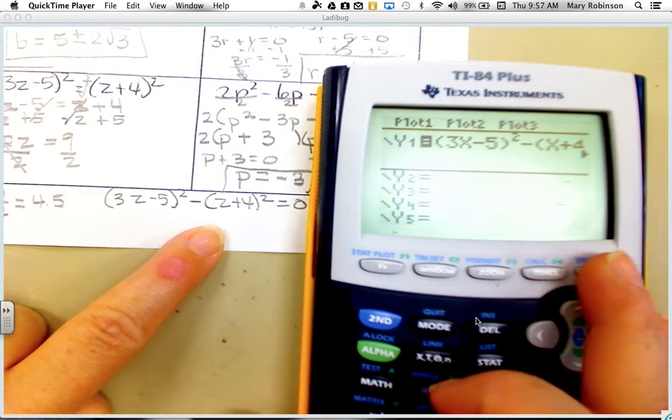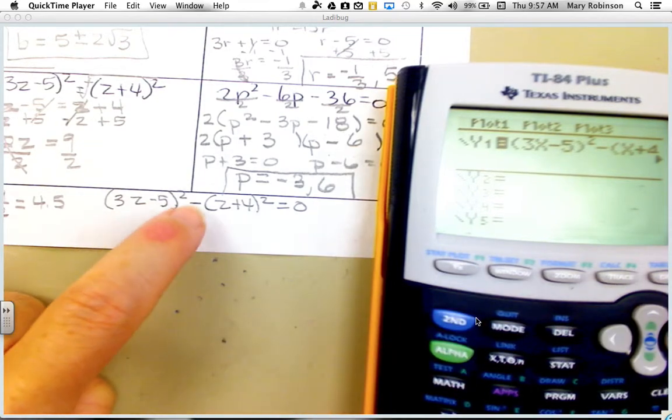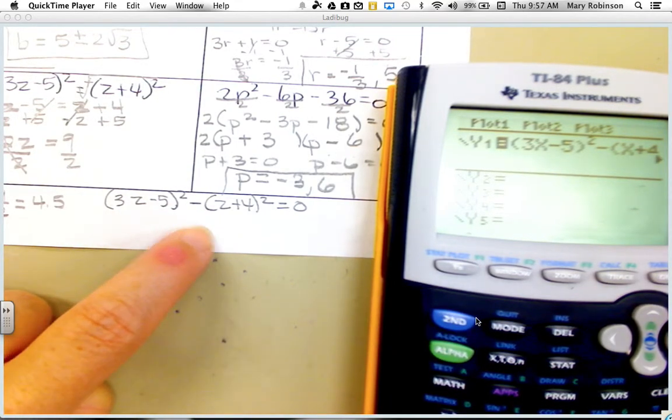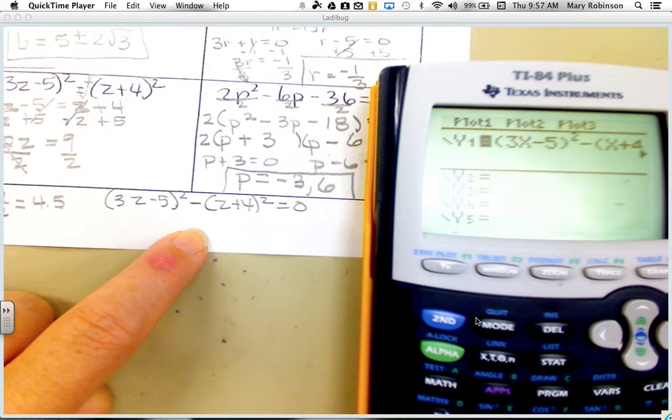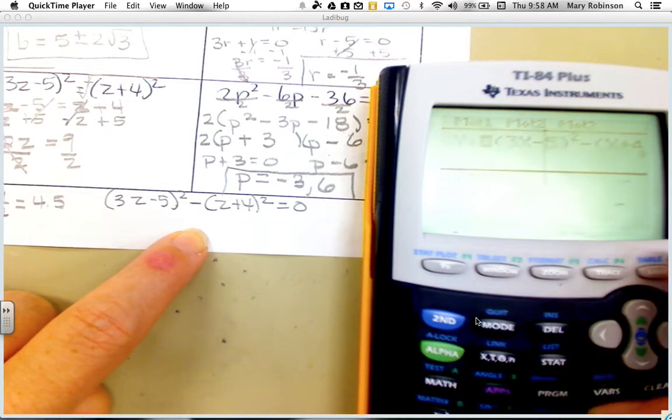When you have it typed in, we're just typing in right here on the paper. Everyone there? And then we hit graph.